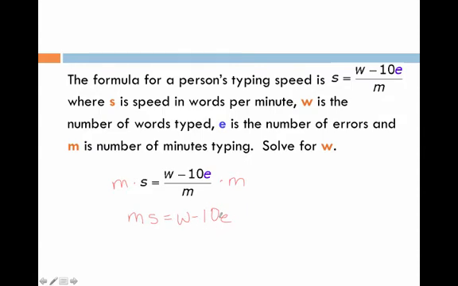I need to add 10E to undo the subtraction here. So that means I have to add 10E on the other side of the equation. So I have MS plus 10E equals W, and that is my final answer.